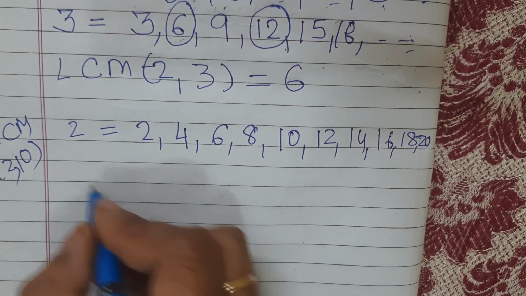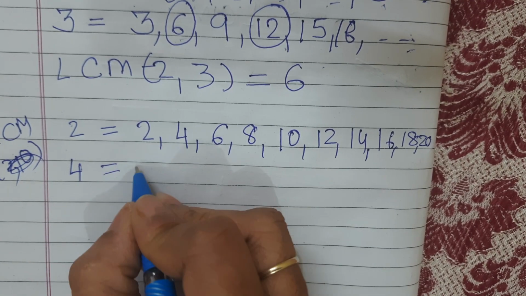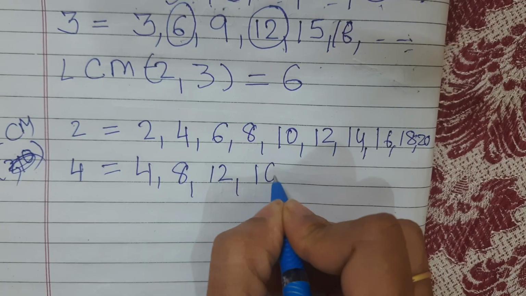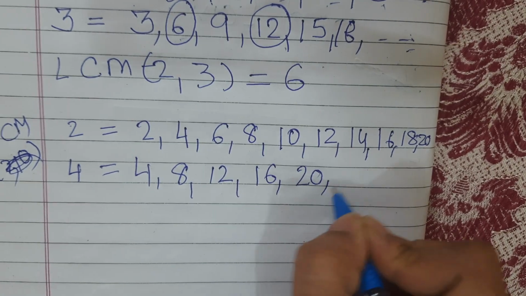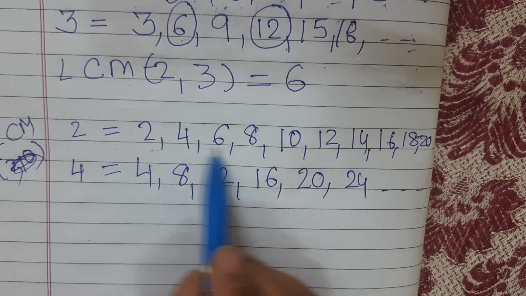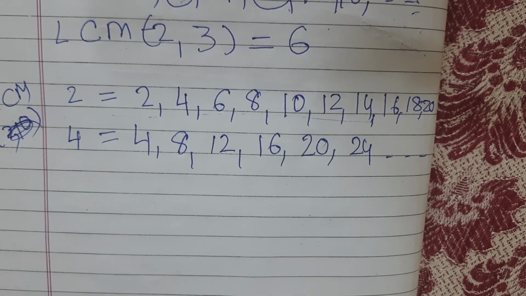Okay, and let me do 4 actually. Okay, so it's easier that way. 4 2s are 8, 4 3s are 12, 4 4s are 16, 4 5s are 20, 4 6s are 24 and so forth. Okay, so multiples of 2 is this, multiples of 4 are listed here.